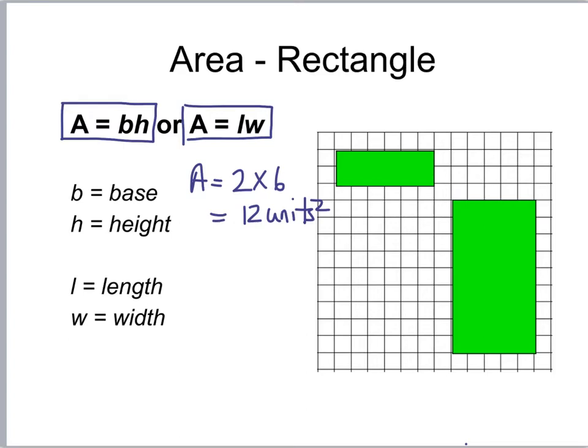So it is 9 by 5. So the area of that second rectangle would be 9 times 5, which is going to be 45 units squared. Again, it is what does it take to cover the quadrilateral. That is how we measure area. That is what we are measuring when we calculate area.